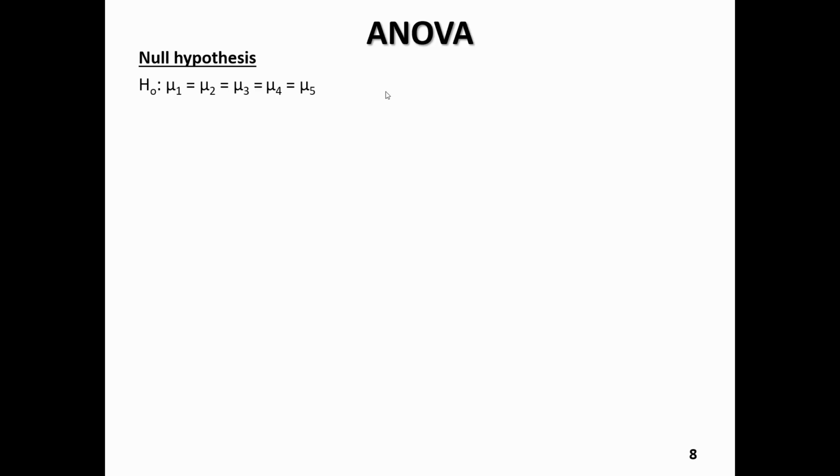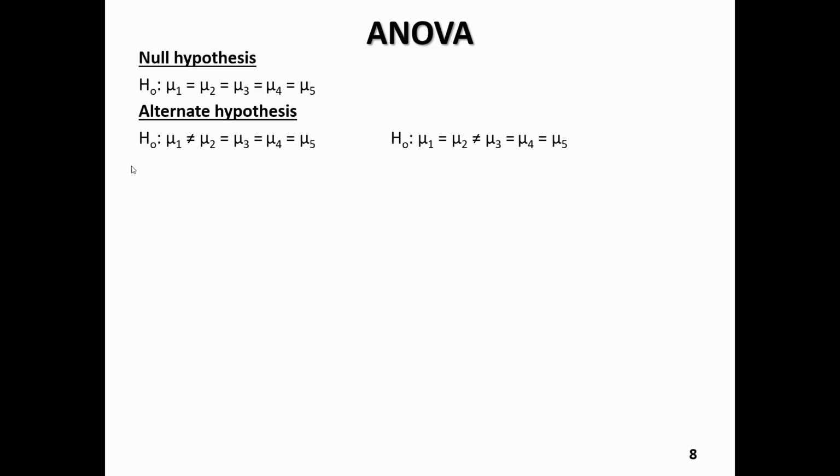But we also have to consider the alternative to that. With the type of research design that has more than 2 groups of data that we're comparing, here we have 5 groups of data, we have a number of alternative hypotheses. An alternative hypothesis in this case is anything that is not the null hypothesis.